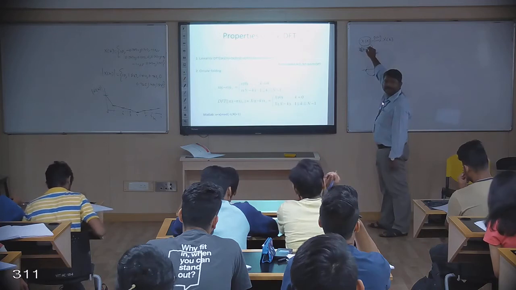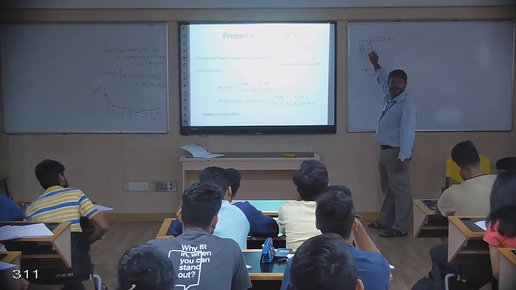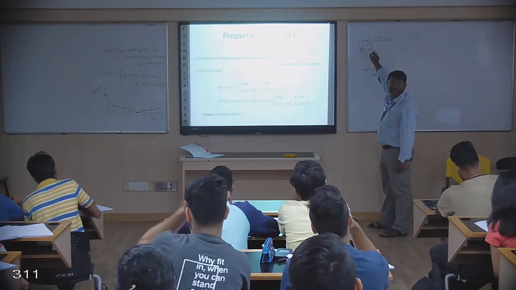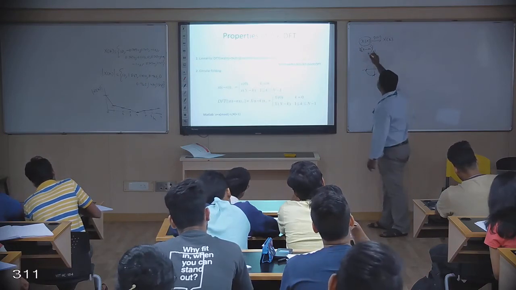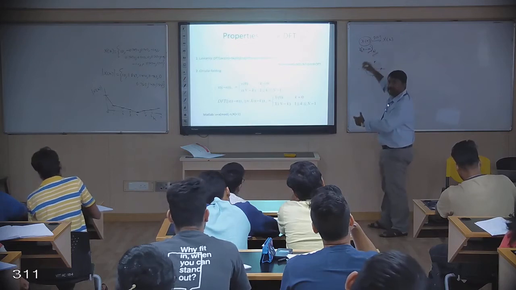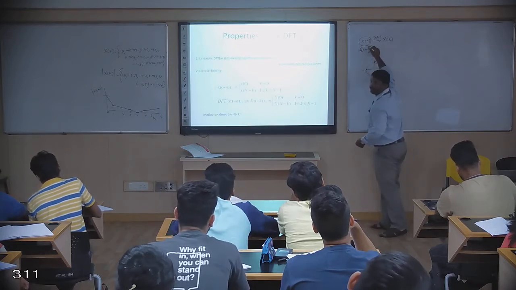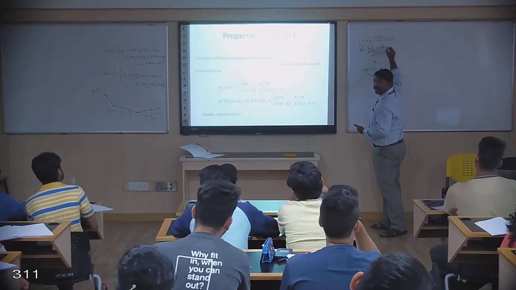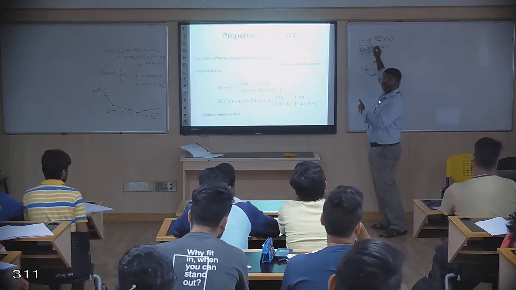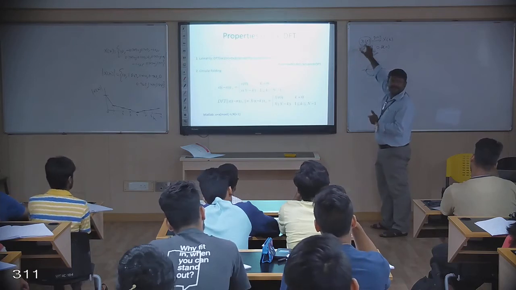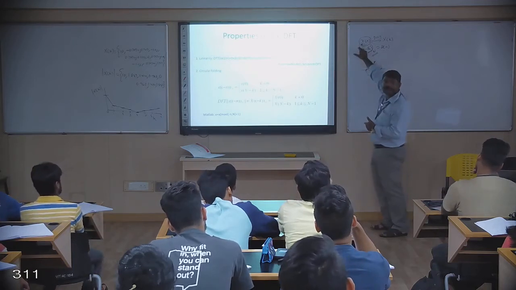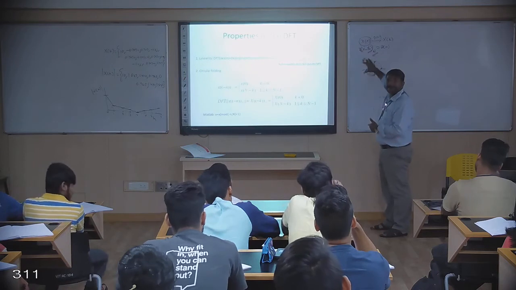Your m should be between 0 and N minus 1. So m is the number of times. It can be 0, in which case it is x of n. It can be x of n minus 1, so I am rotating 1 time. x of n minus 2, I am rotating 2 times. It can be x of n minus 3, 3 times.